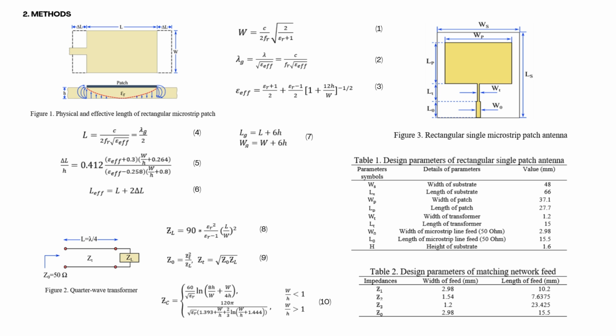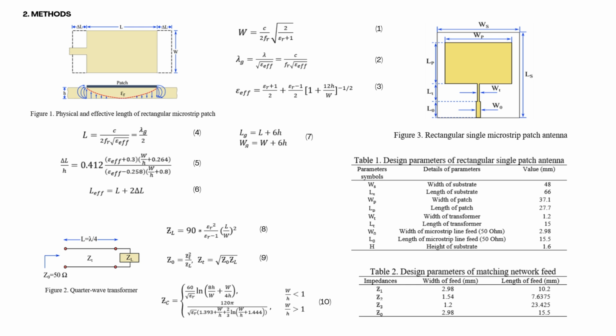It depends on the effective dielectric constant, epsilon effective, of the substrate material and the operating frequency, and it is usually shorter than the free space wavelength due to the dielectric properties of the substrate. It's shown in formula 2.